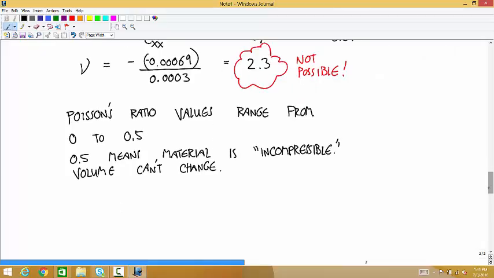By the way, most engineering materials have Poisson's ratios pretty close to 0.3. The Young's modulus varies a lot from material to material. Poisson's ratio, if you ever don't have a measurement for that, 0.3 is a reasonable guess. You won't go too far off by assuming an engineering material has a Poisson's ratio of 0.3.